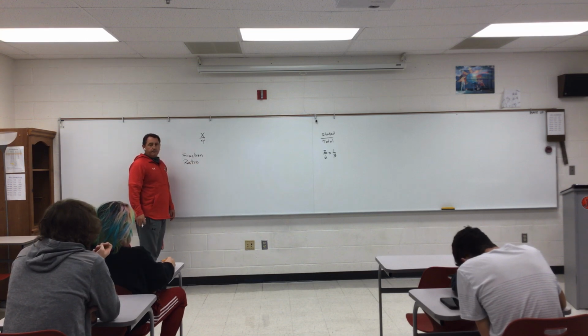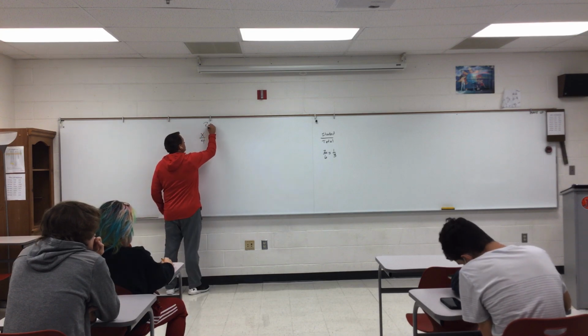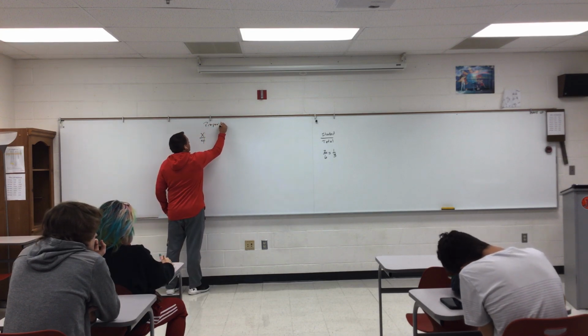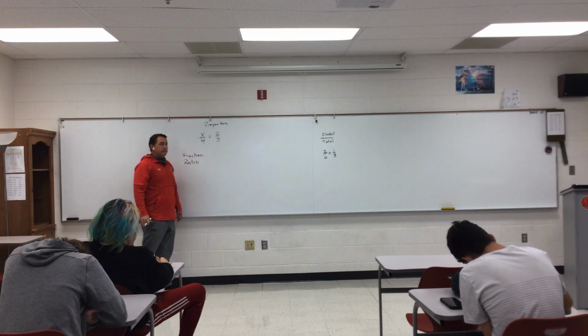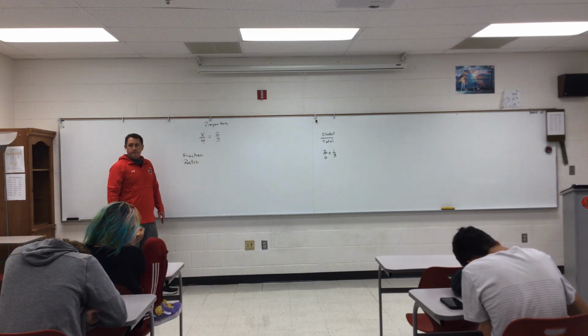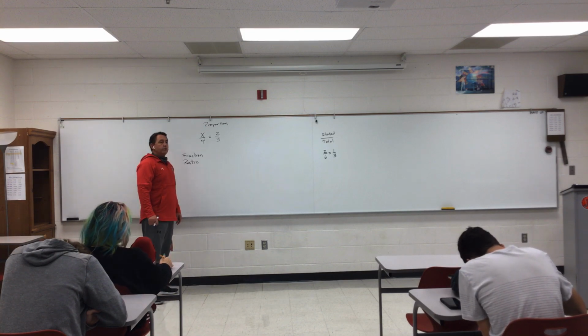Okay. Now the next word they have on there is called proportion. All that means is you've taken two ratios that are equal to each other to basically make an equation. All right. So when we wrote down to solve a proportion, you're going to cross multiply.